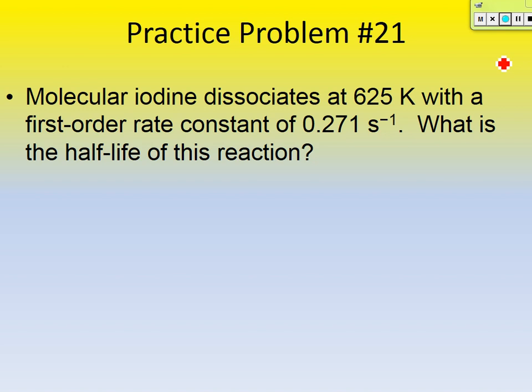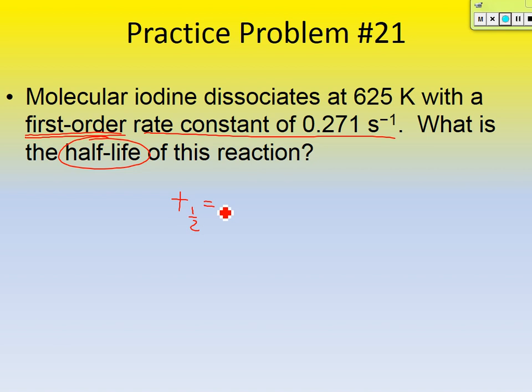It says molecular iodine dissociates at 625 K with first order rate constant of 0.271 per second. What is the half-life? We're solving for half-life, and we know that it's first order. So I would get my integrated rate law summary packet out and look up first order for the half-life.